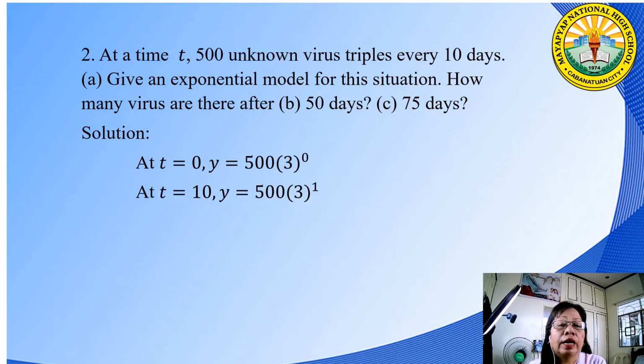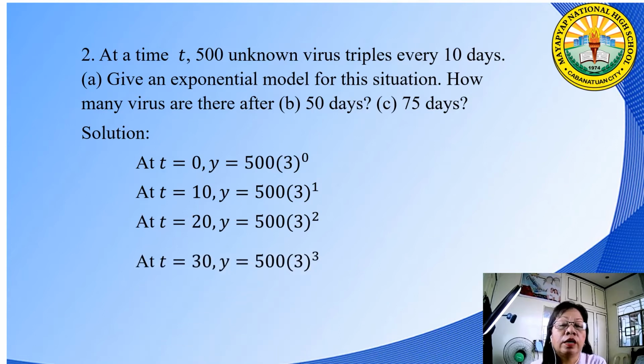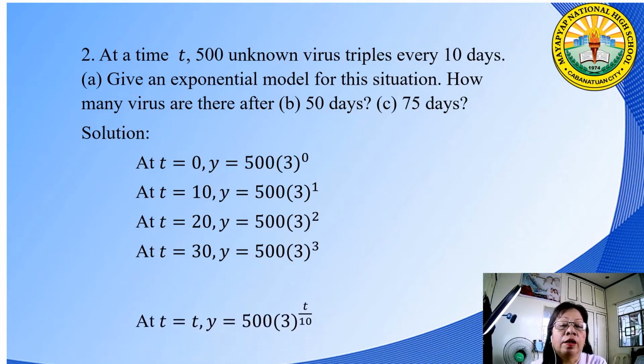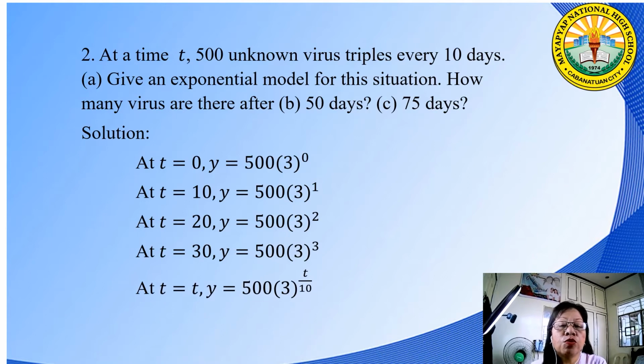At T equals 10, y equals 500 times 3 raised to the first power. At T equals 20, y equals 500 times 3 raised to the second power. At T equals 30, y equals 500 times 3 raised to the third power. At T equals T, y equals 500 times 3 raised to T over 10. So this is the exponential model for the population of viruses.